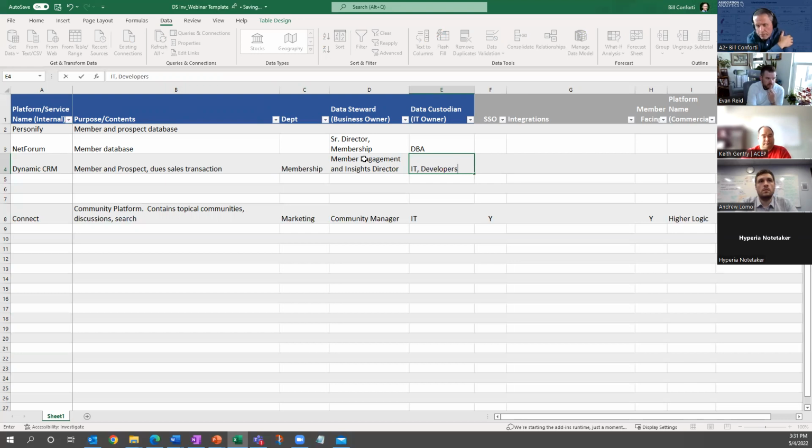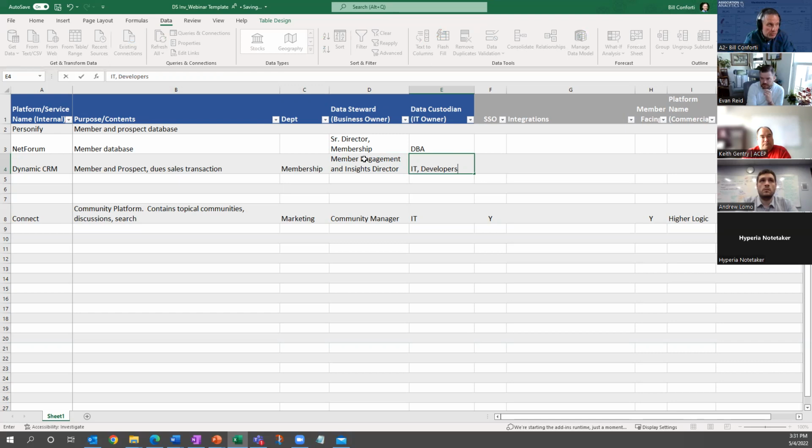Anybody do anything substantially different from that? I feel like at least as far as AMS products are concerned, that's pretty standard. I think the member engagement and insights piece is maybe the most interesting, right?